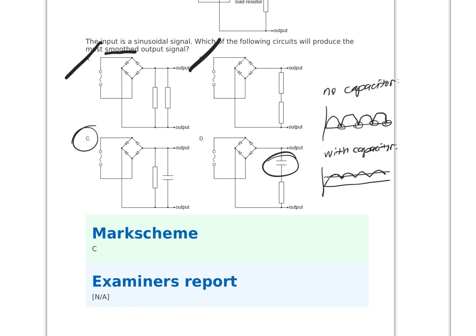With a full wave rectifier we're getting rid of the negative voltage, but it's still dropping to zero. When you include a capacitor, it never really does that and gets closer to a direct current, a DC signal. And so that winds up being C.